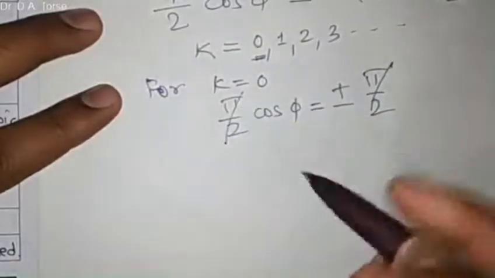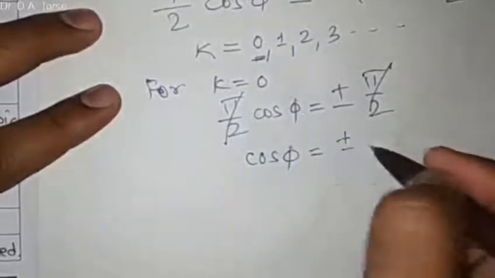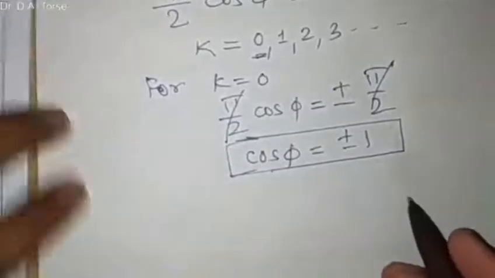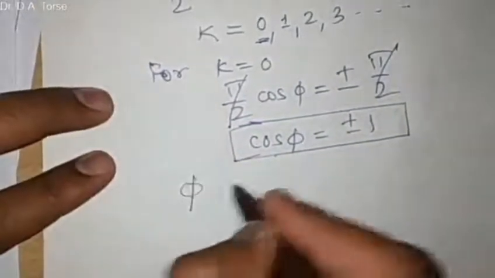So if we cancel pi by 2 with this pi by 2, then we have cos phi is equal to plus or minus 1. So you can see here, if you have cos phi is equal to plus minus 1, which is possible for two different angles of phi.